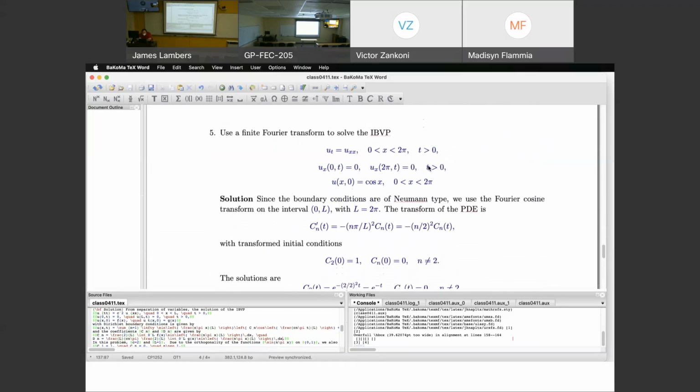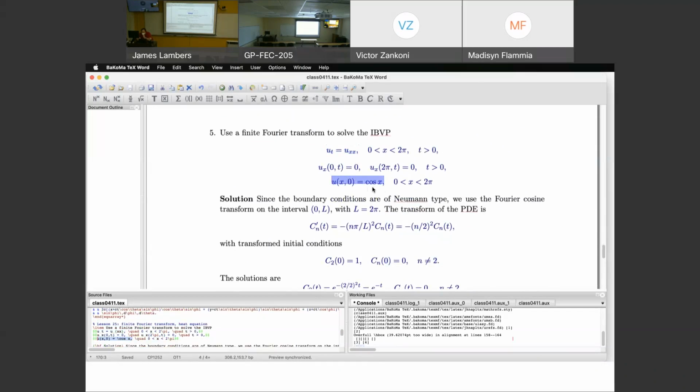The finite Fourier transform, this is for a heat equation. So you take the finite Fourier transform, the appropriate one, sine or cosine, depending on the boundary conditions. So in this case, cosine. You apply the appropriate transform to the PDE and to the initial condition, and that will give you this family of ODEs, and the transform of the initial condition will give you the initial values of those ODEs.